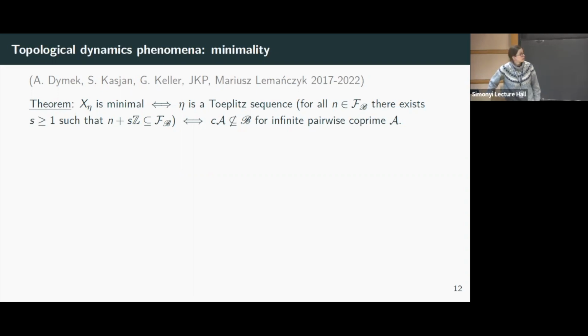So what happens if you don't contain an infinite set, but you contain a scaled infinite set? Yes, suppose you contain one of those. Then you are not minimal. But you're also not proximal, so you're something in between.